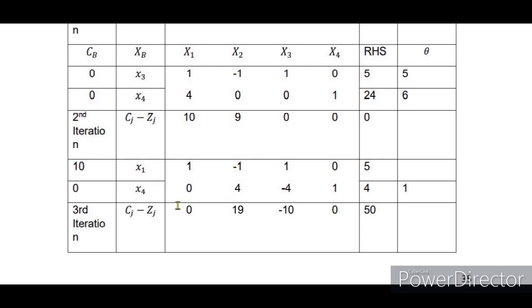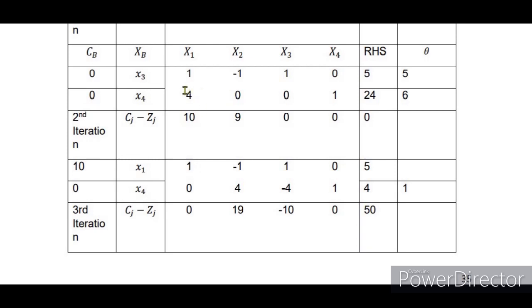Next, for x sub 4, we have to make an identity matrix between x sub 1 and x sub 4 because they are the ones written here as the basic variables. So what number can we choose to do that? It should be 4, because the value here of x sub 4 should be 0. So when we multiply the value 1 in the column of x sub 1, 1 times 4 is 4.